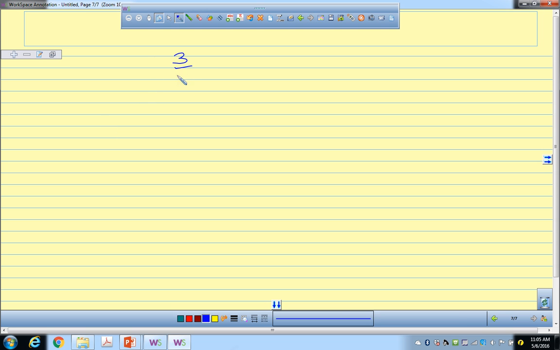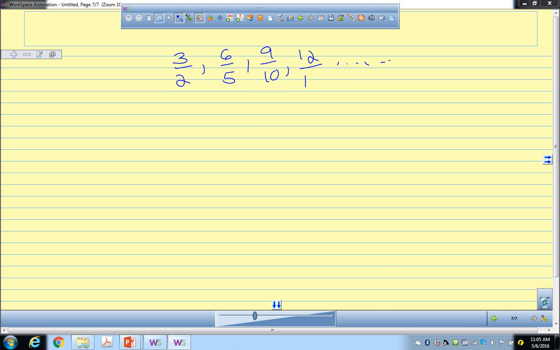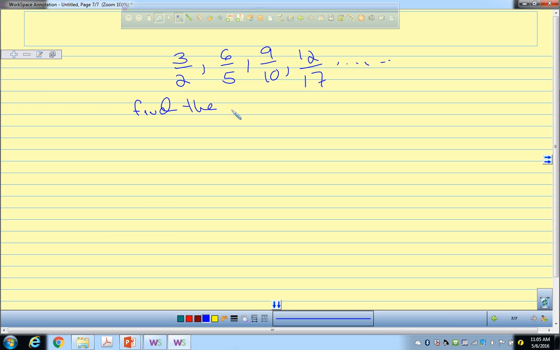So say I have 3 halves, 6 fifths, 9 tenths, 12 seventeenths, dot dot dot. And they say find the limit of the sequence.